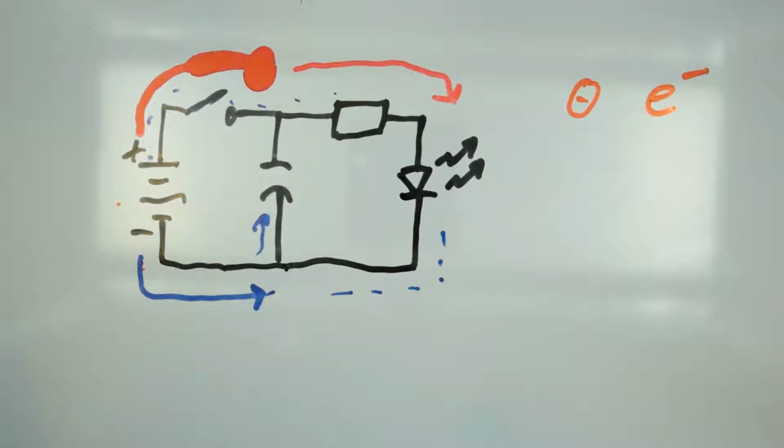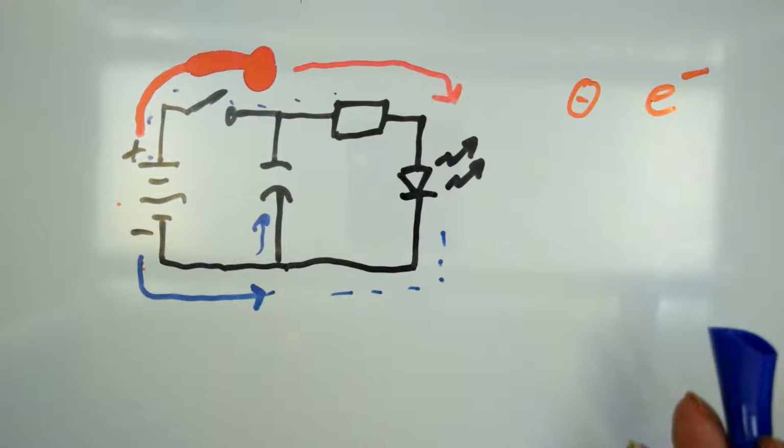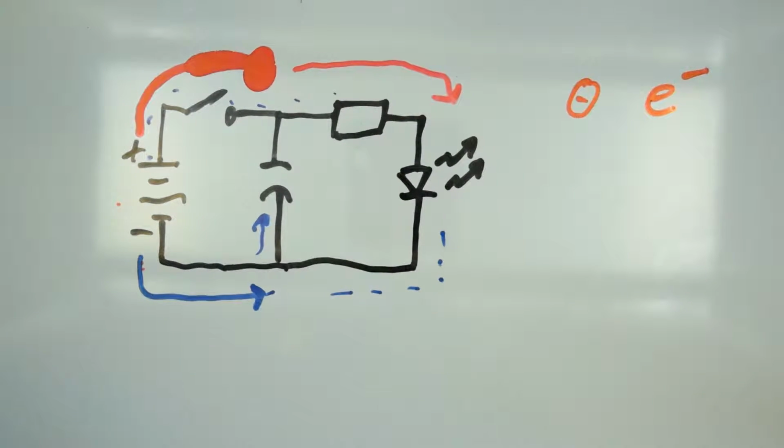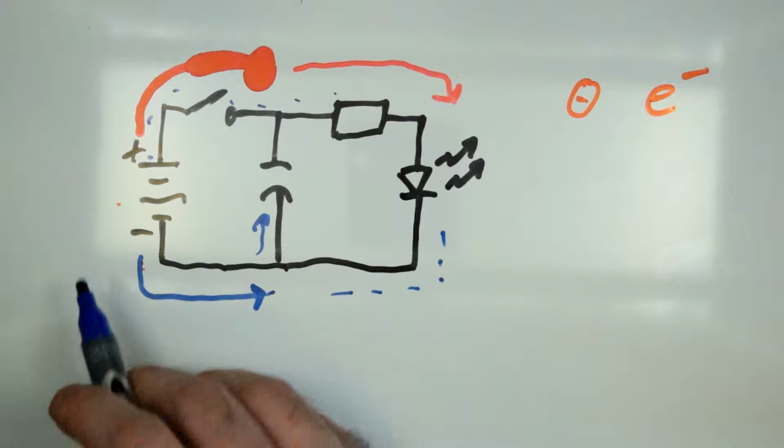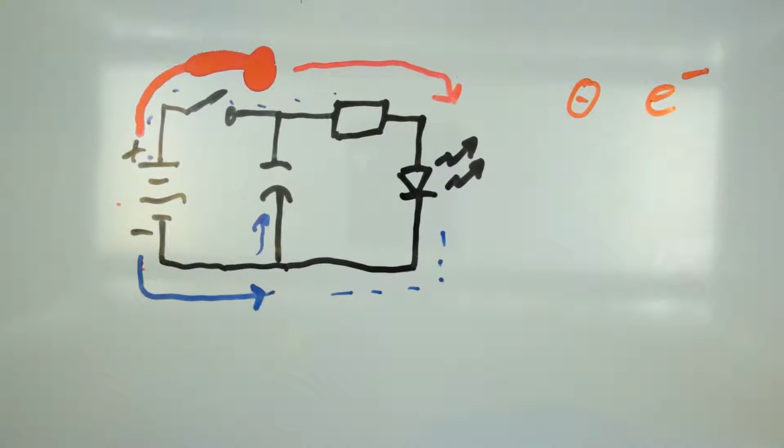Now, it really doesn't matter how you look at electricity flow, whether you go with conventional current flow or electron current flow. When you're looking at conventional current flow, you can also consider that the charge carriers in this case would be holes.